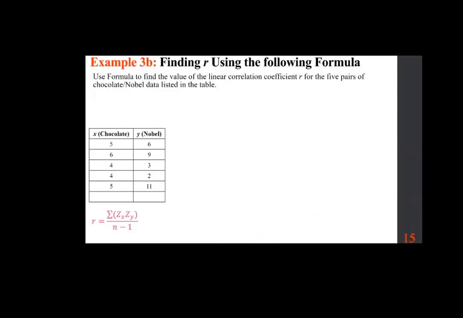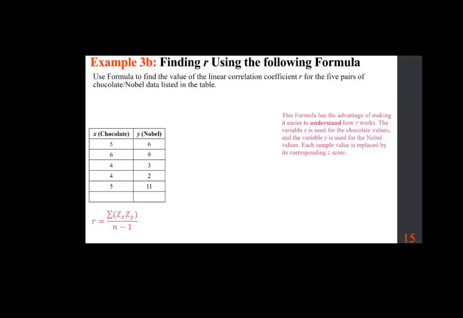What I want to do is use this formula: the sum of z sub x times z sub y, over n minus 1. This formula has the advantage of making it easier to understand how R works.